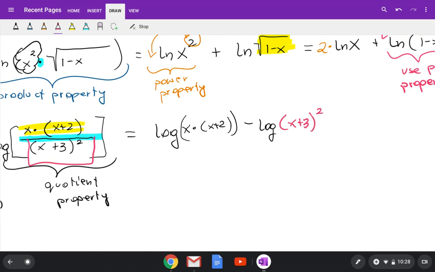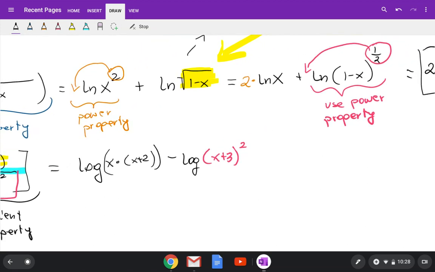Okay, and now we're slowly going to start expanding more. First of all, never FOIL here. If you have logs, you always want to keep that expression inside of the log as a product. So we're going to use the product property.